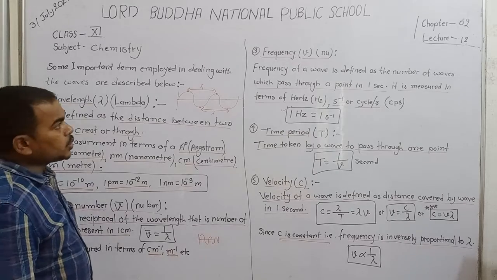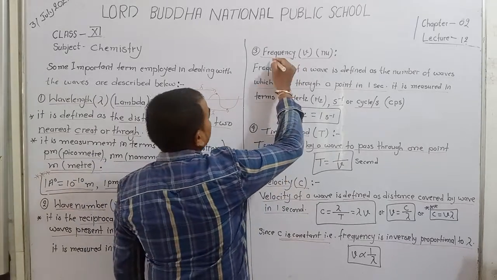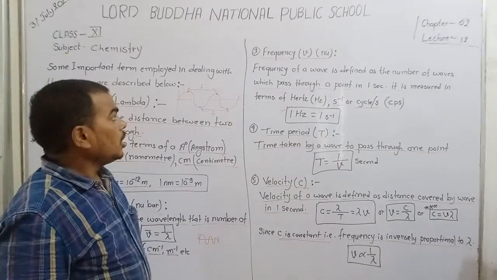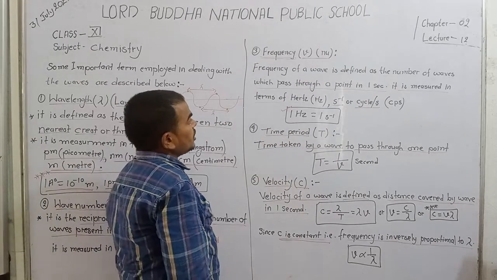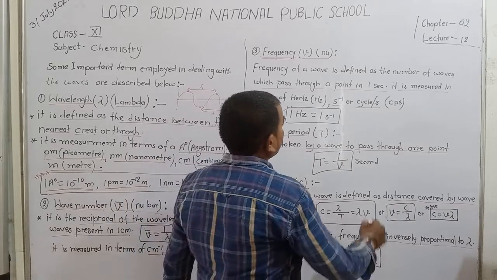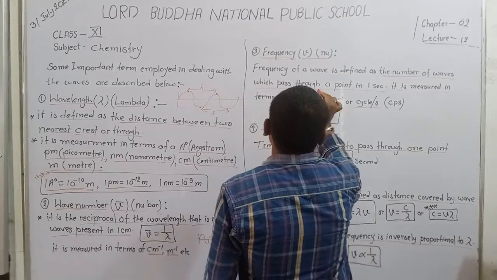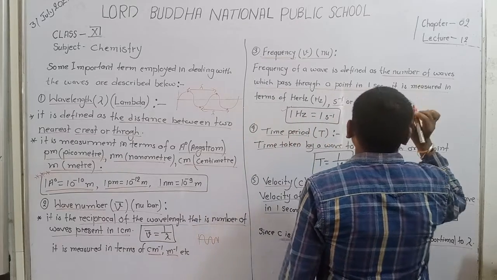Dear student, now discuss frequency. Frequency is represented by nu. Frequency is defined as the number of waves which pass through a point in 1 second.